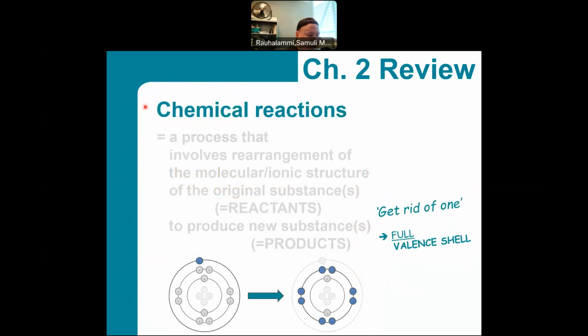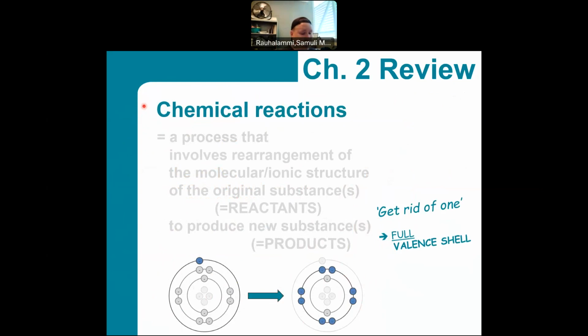Now, let's think of this process where we had an atom that actively searched for this stage of being stable by getting rid of or gaining additional electrons. So this is really the foundation of what drives chemical reactions. In chemical reactions, what we're doing is rearranging things around so that all the participants, or as many of the participants as possible in this chemical reaction, get to the stage that's stable for them.